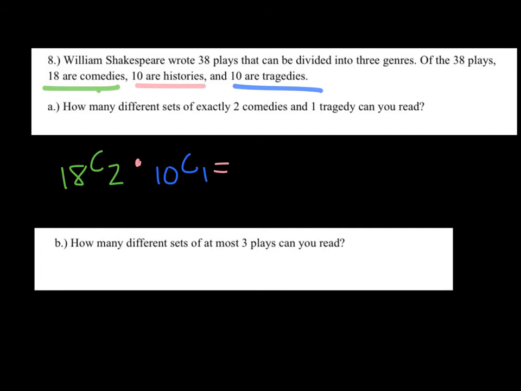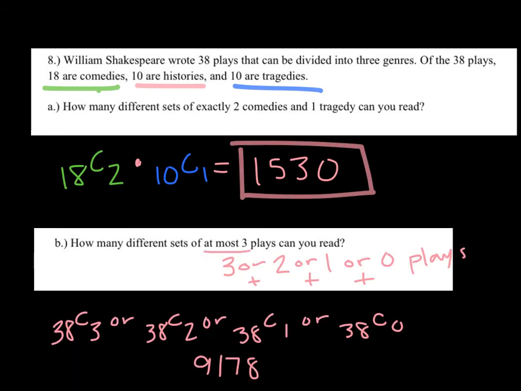So 18 choose 2 times 10 choose 1, and you get 1,530 possible sets. Different possible sets of at most 3 plays to read. So just pay attention to your wording and think through it a little bit.